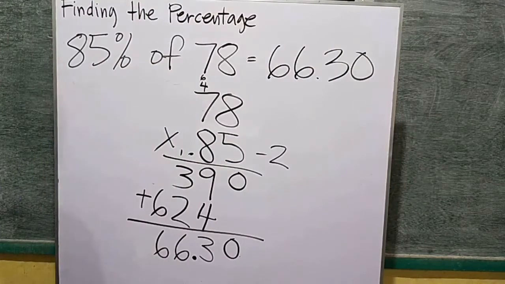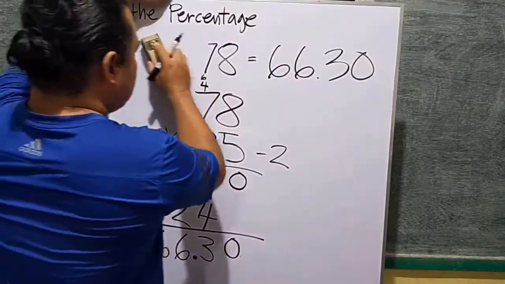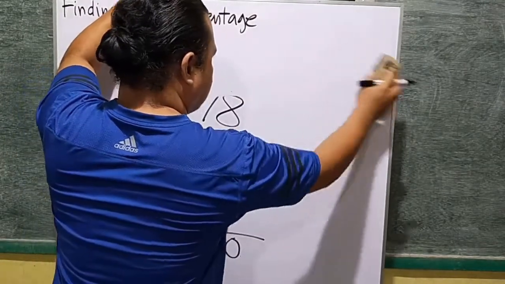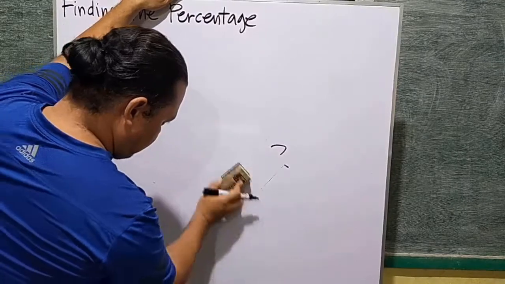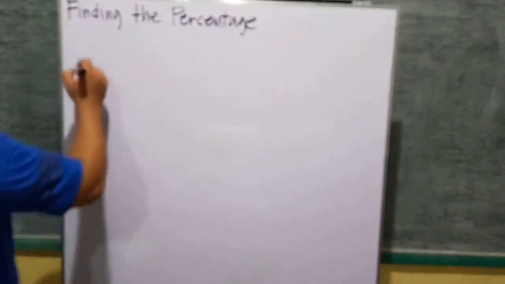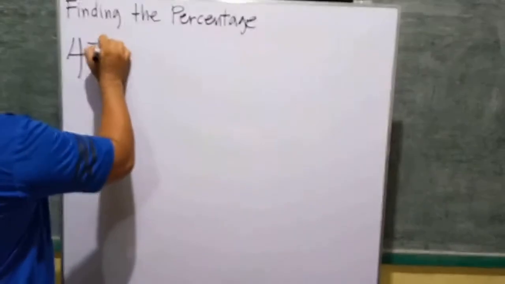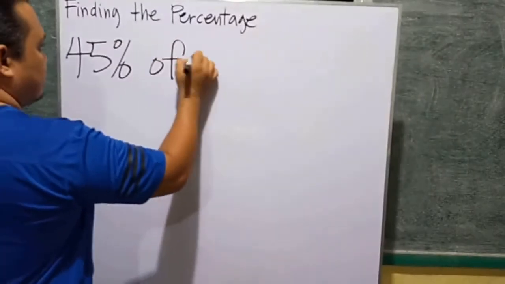Let's have some more examples. Let's have 45% of 64. What is 45% of 64?